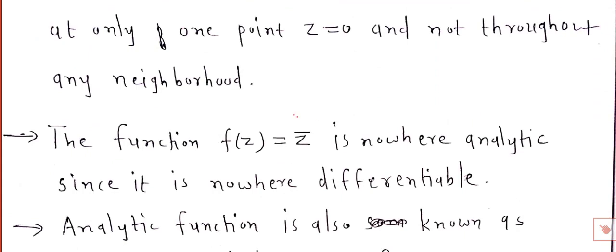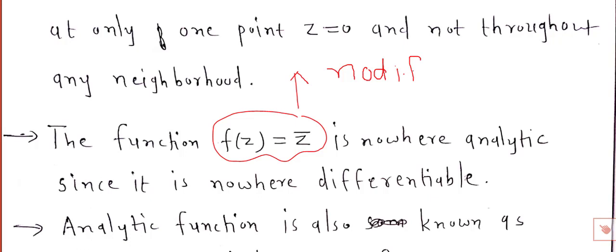Another example is the function conjugate of z, that is z bar. We can recall that z bar is nowhere differentiable. This we might have discussed in earlier lectures, or you can decide using Cauchy-Riemann equations that z bar is nowhere differentiable.